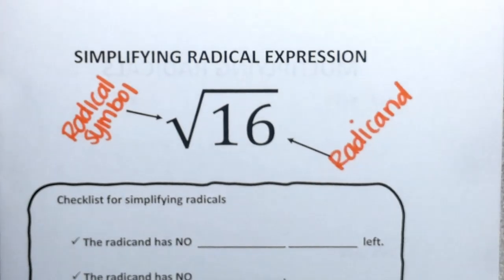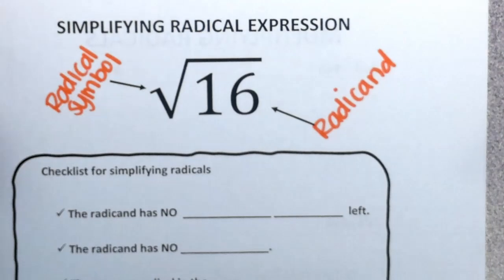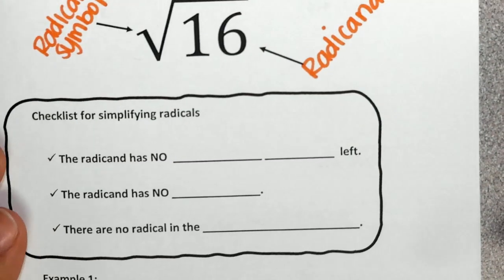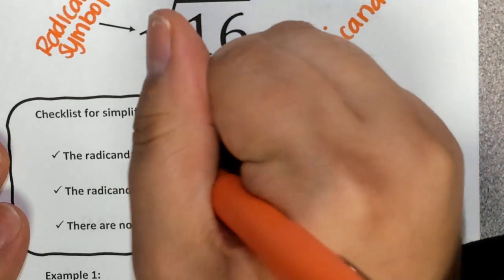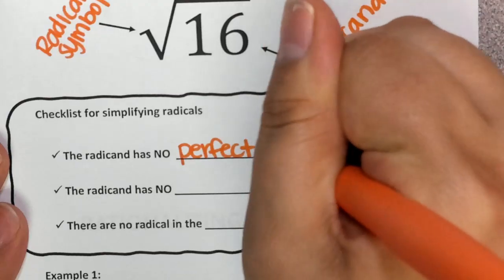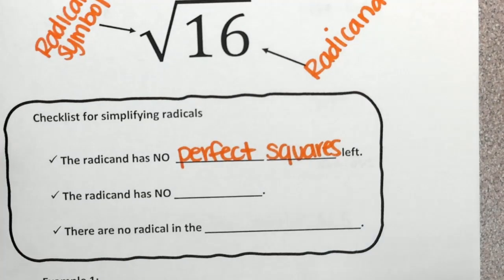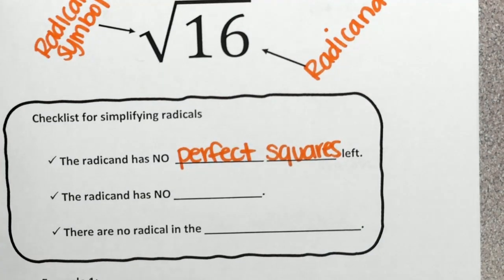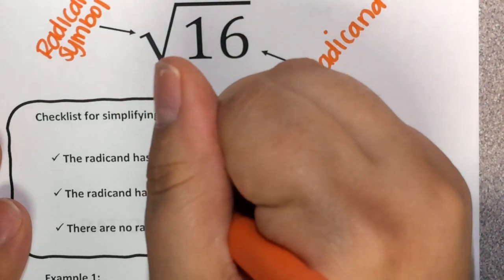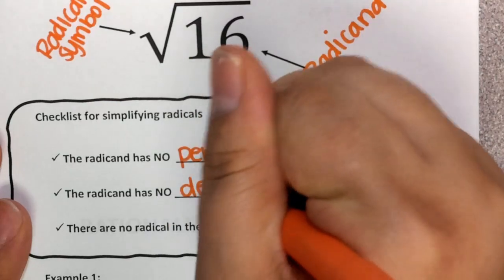So, there are some rules for radicals. The first one is that the radicand has no perfect squares left. And I'll explain what perfect squares are in just a minute. The radicand can also have no decimals.